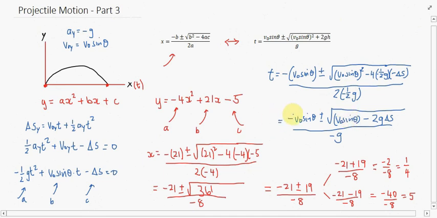You can see here, instead of going with the negatives, we just went with the positives, but in essence that's where this formula comes from, right? Delta s is just height, v sub naught sine theta is just vertical velocity, no surprises there. g is just gravity. So that's in essence where that formula comes from.